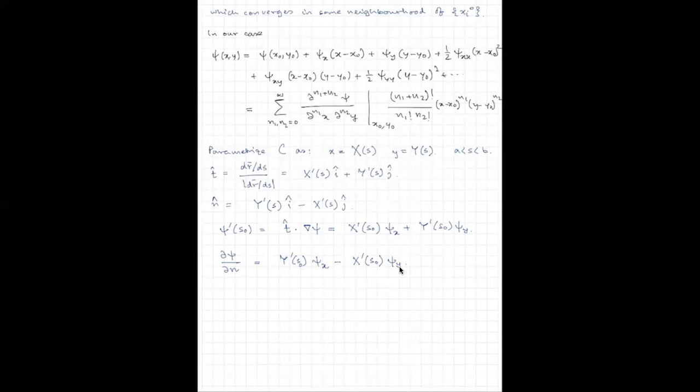So what do we have? We have now found both the first order derivatives, psi x and psi y at s equal to s naught. And this applies to every point on C, which is parameterized by s. So these determine first order derivatives.